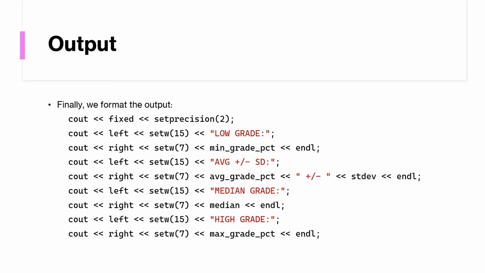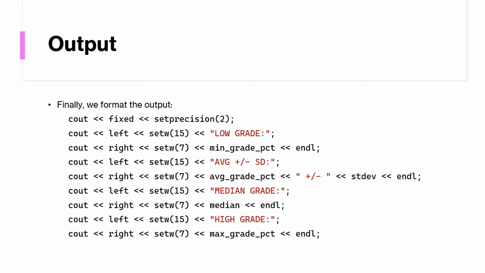Finally, we format the output. The difference between this and last time is that we're adding standard deviation as a plus or minus to the average, which gives you a range of values where the average might actually lie, or a measure of what we call central value in statistics.